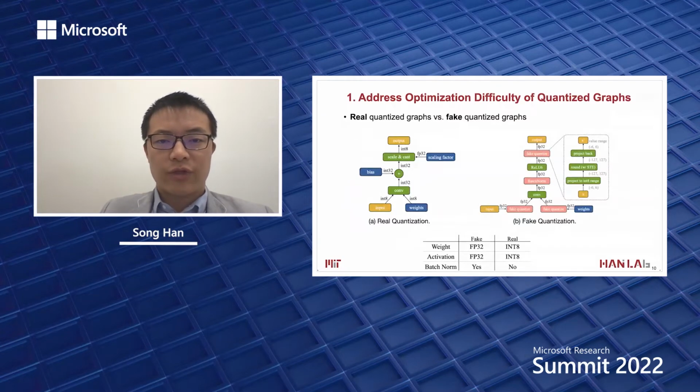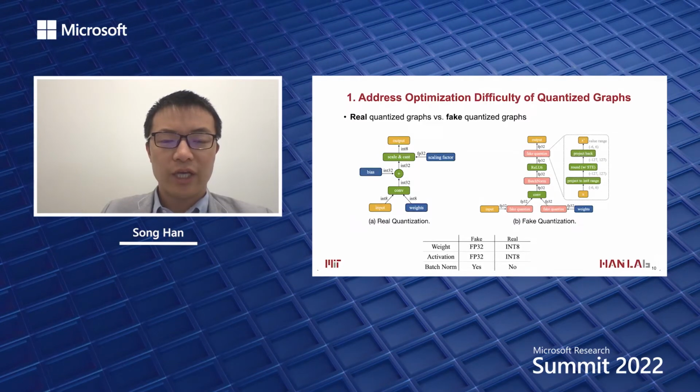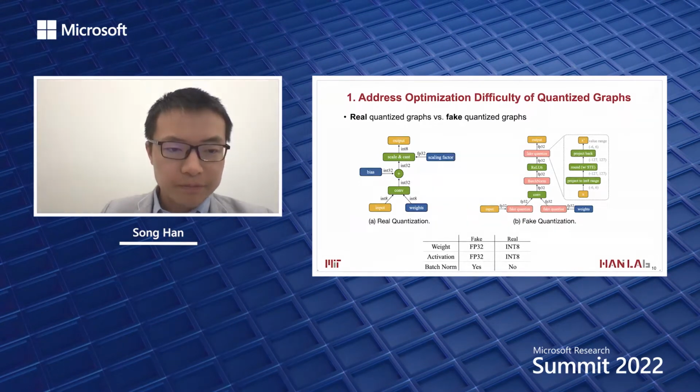So let's start with how to deal with the quantized graph. On-device training, usually those edge devices have limited floating point units. So how do we work directly on a real quantized graph without any floating point operations?